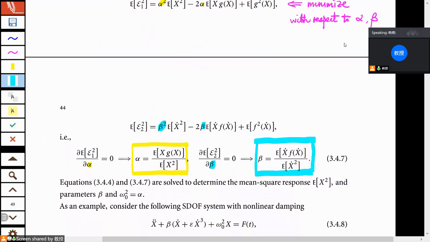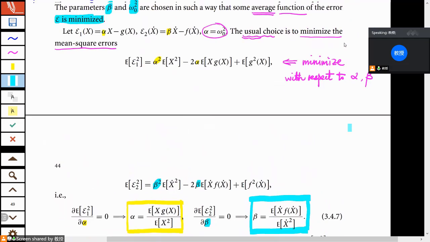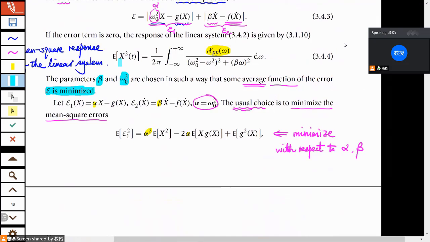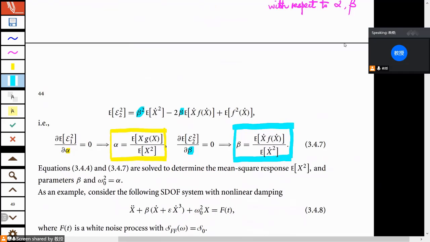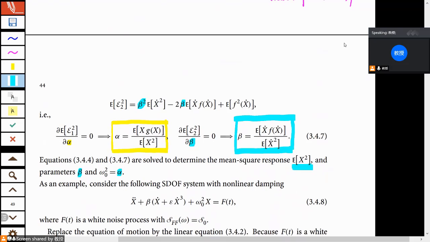Okay, so equation 3.44, the mean square response, and these two equations, alpha and beta, are solved to determine the mean square response. And two parameters, alpha and beta.